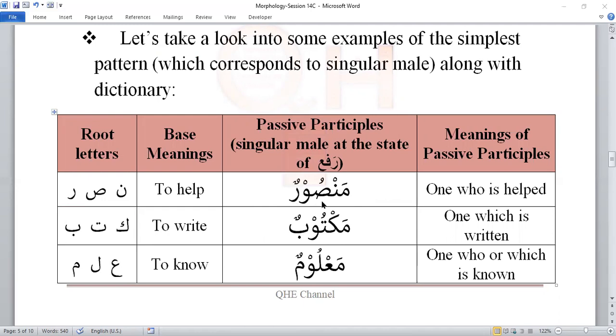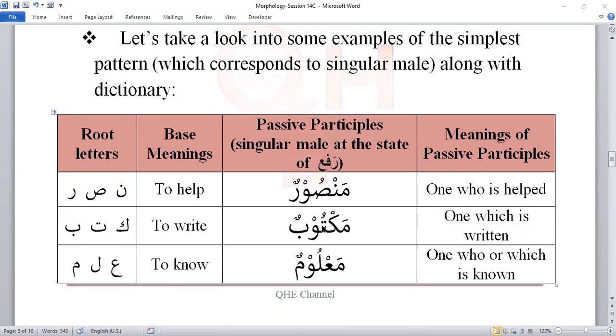What will be the meaning? The action is helped. And what does passive participle mean? It means the person or the thing on which the action is performed. So how would I translate? I would translate one who is helped. Helped, because this is passive. For the next set of root letters, kaf, taba, the base meaning is to write.